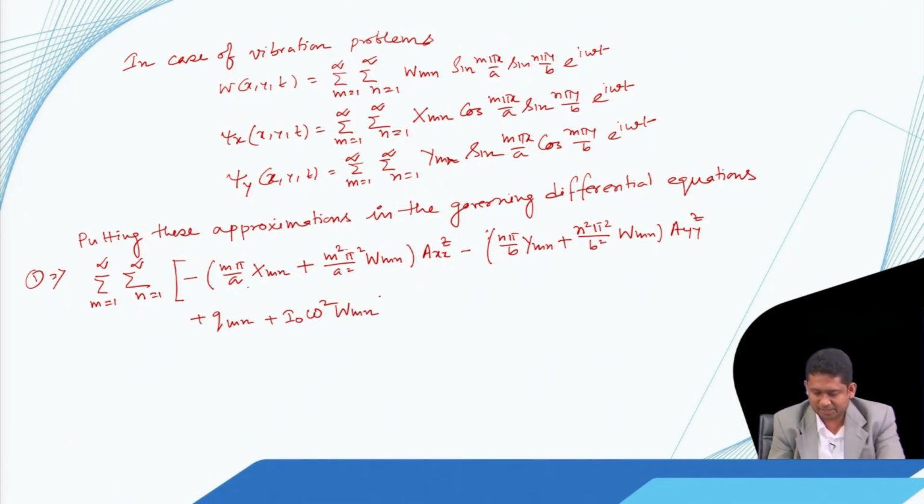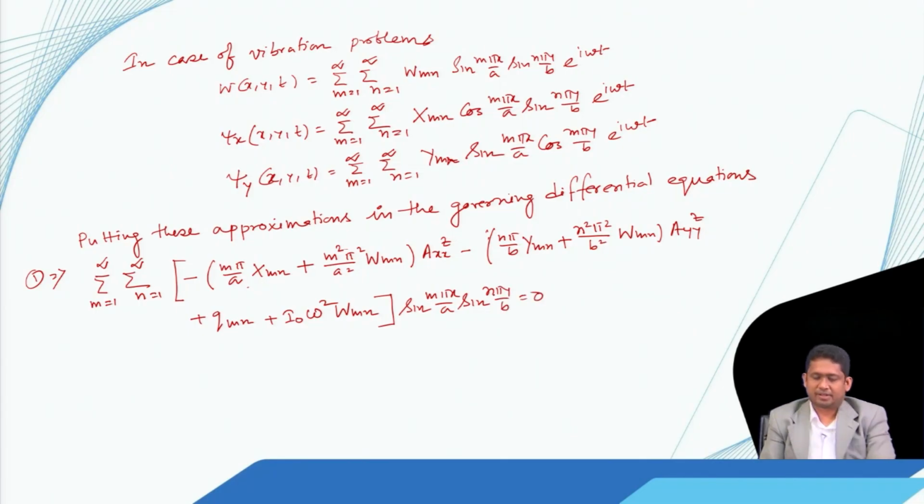So, we have a term minus I 0 w double dot, where w double dot is nothing but minus omega square W m n, and finally it is multiplied with sin m pi x by a sin n pi y by b equal to 0.